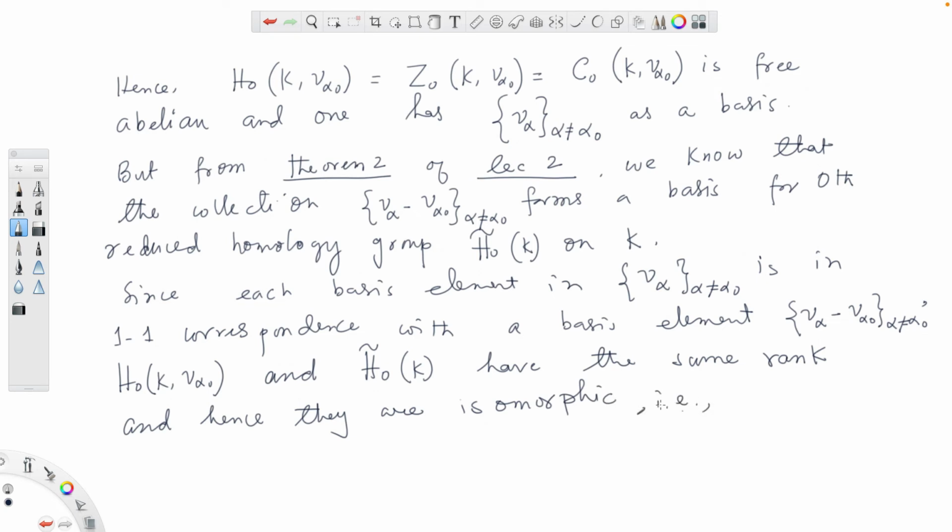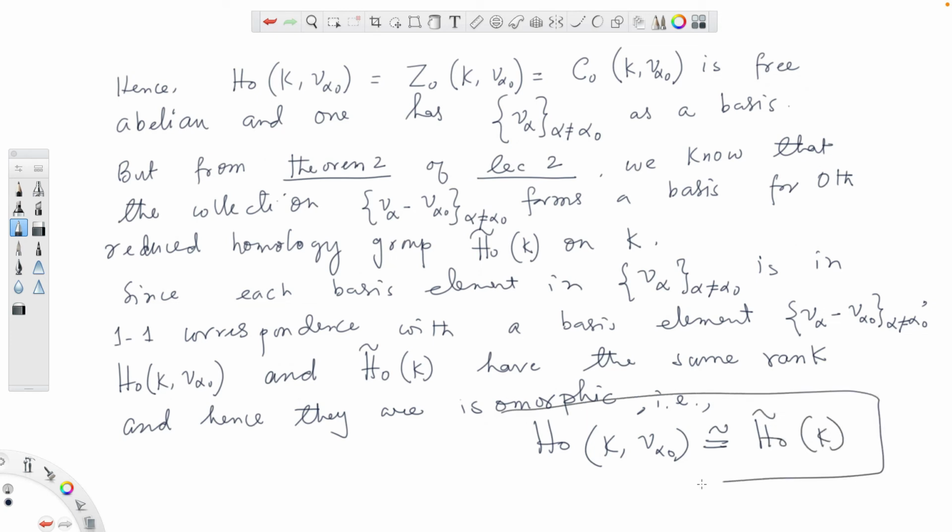That is, H0 of K comma V sub alpha 0 is isomorphic to H0 tilde of K. This establishes the relationship between the zeroth relative homology group and the zeroth reduced homology in our case, where the subcomplex of the given complex is just a vertex.